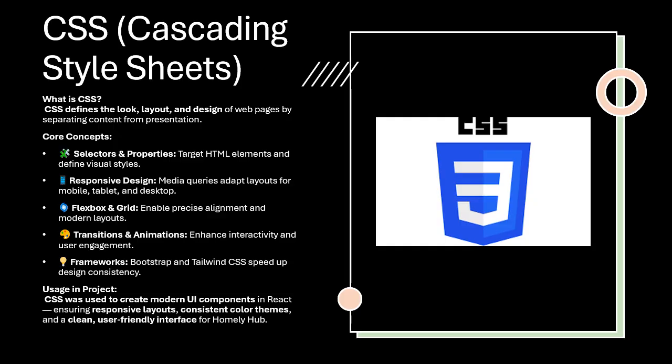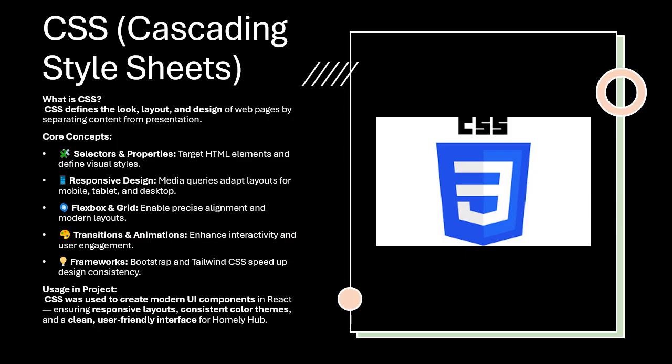Now let's understand what CSS means. CSS stands for cascading style sheets. It is used to define the look, layout and design of our web pages. CSS includes selectors and properties, which are used to target HTML elements and define visual styles for them. It also includes frameworks such as Bootstrap and Tailwind CSS, which speed up design and consistency.